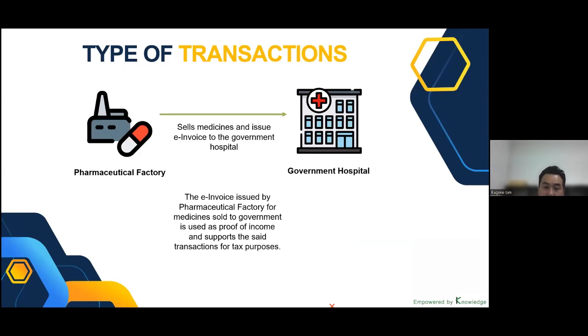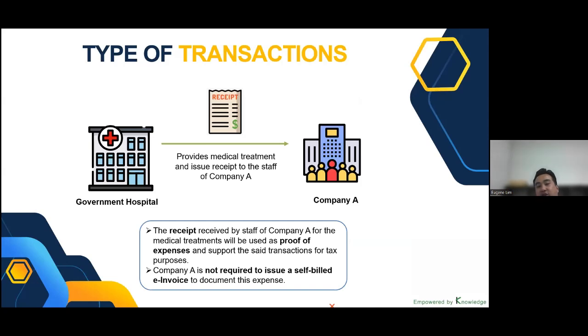But when your staff go to the hospital to get medicine, the hospital gives you the medicines and at the same time charges you like 1 ringgit, 10 ringgit. They just give a receipt. In this transaction, you don't need to prepare a self-bill e-invoice because the receipt can be used as proof of expenses. This is a special treatment given under the e-invoice era. So the company does not need to issue a self-bill invoice to support it as expenses.